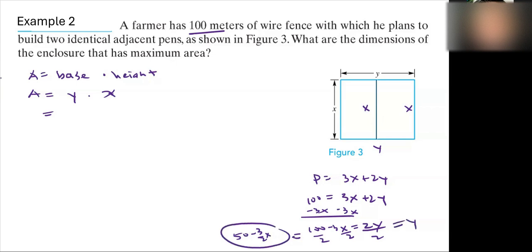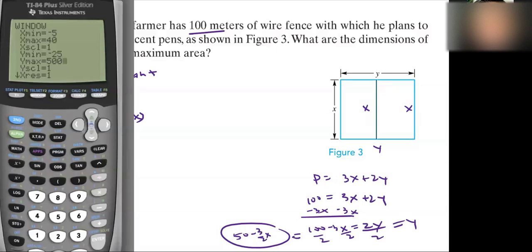Let's go ahead and plug that in. We have 50 minus 3 halves x, times x. When we multiply that, we get 50x minus 3 halves x squared. Again, as before, we need to find the domain that we can work in, so let's go ahead and put that in the calculator.